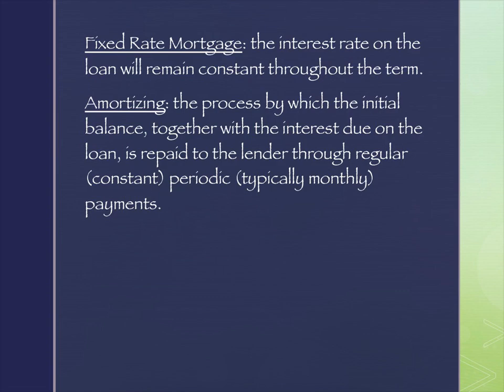We'll talk about a different option for this in a little bit, but this is a fixed rate mortgage for the moment. And amortizing is the process by which the initial principal balance, together with the interest that we're going to be paying on the loan, is repaid to the lender through regular, constant, periodic, or typically monthly payments.